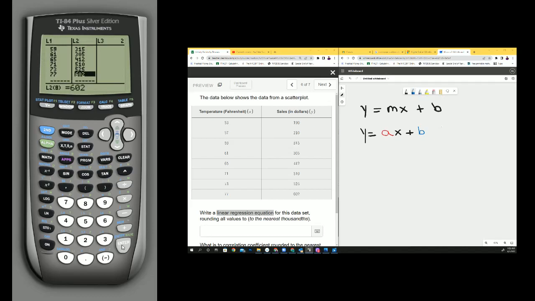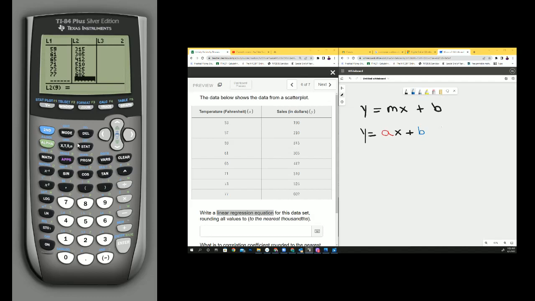Now I'm double checking that all my numbers correspond, because if they don't, I'm going to have an error. Now all my numbers correspond.